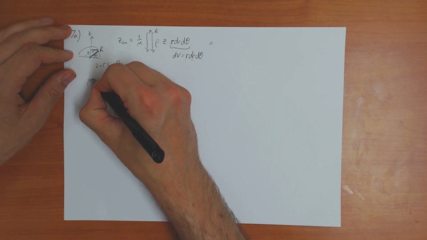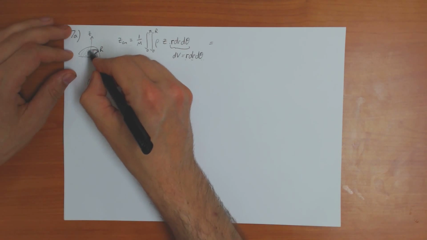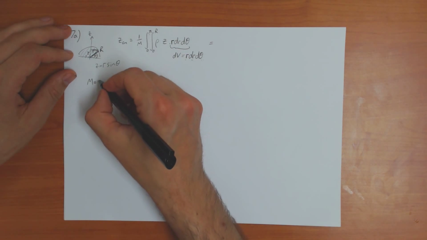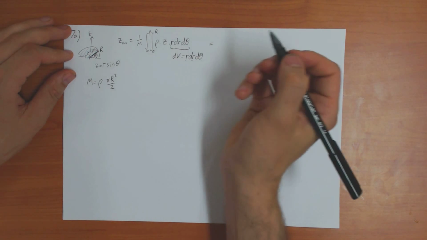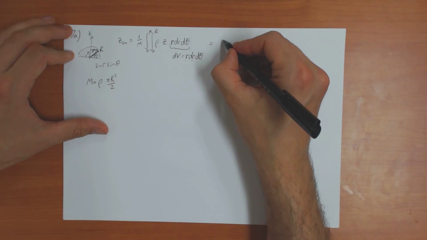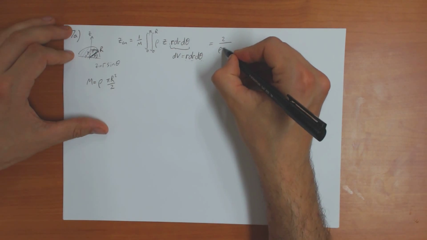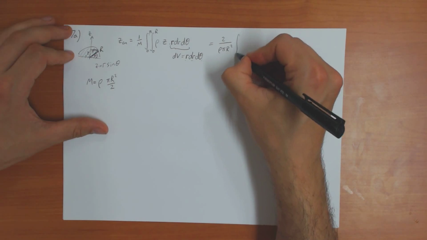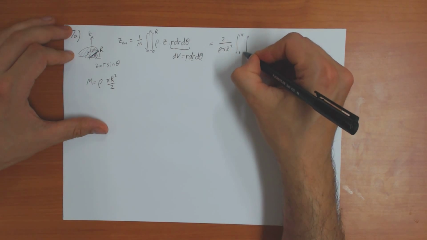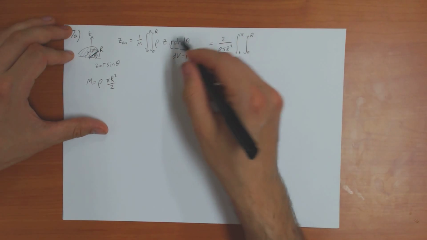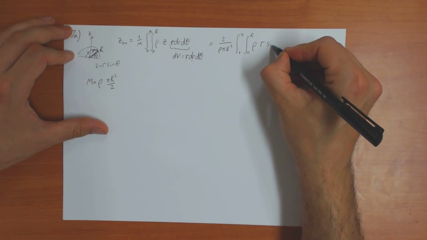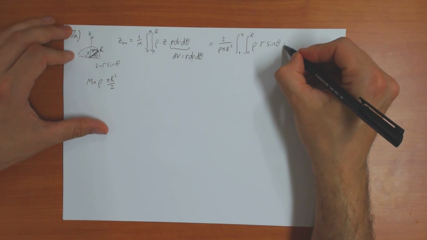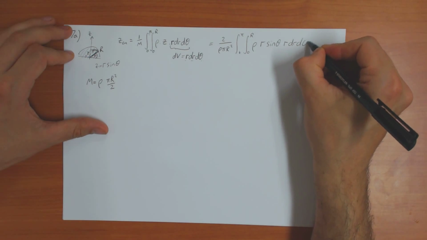So what's the mass? The mass is equal to the density times the area, and the area is pi R squared over 2, so that's the mass. So you get 2 over rho pi R squared, integral 0 to pi, integral 0 to R of rho times z, which is r sine theta, times r dr d theta.